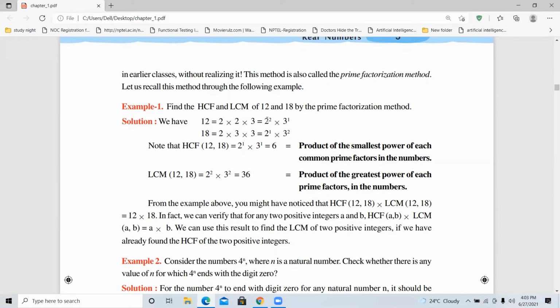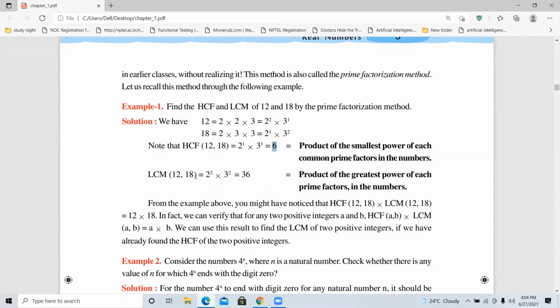When we compare 2 square and 2 power 1, the minimum value is 2 power 1. So we write 2 power 1 here. And we also get the powers of 3, that is 3 power 1 and 3 square. The minimum value is 3 power 1. So we write 3 power 1 here. After that, we multiply both the values. When we multiply, we get the value 6. So in this way, we find the HCF.